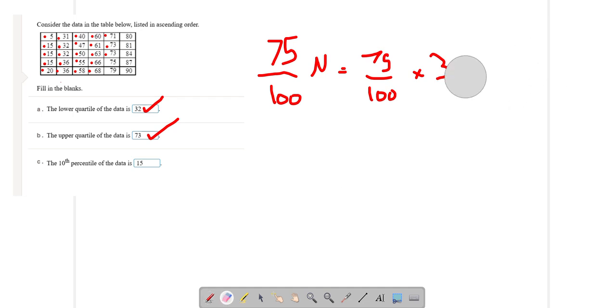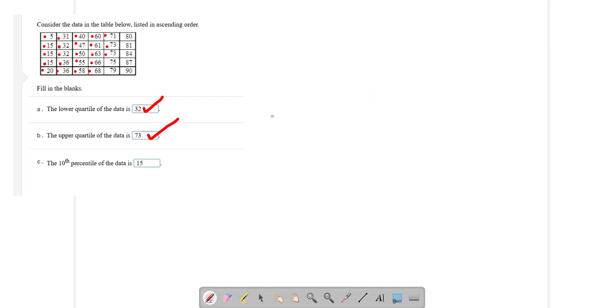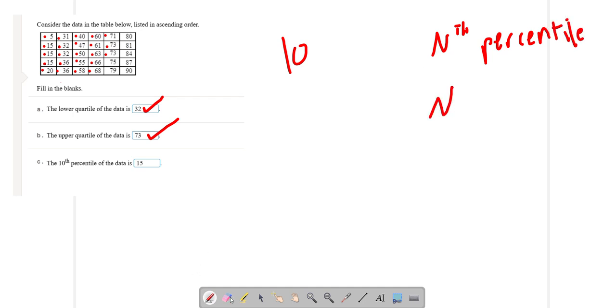The 10th percentile of the data is the 10th percent. If they say k percentile, then it will be k over 100 times n.